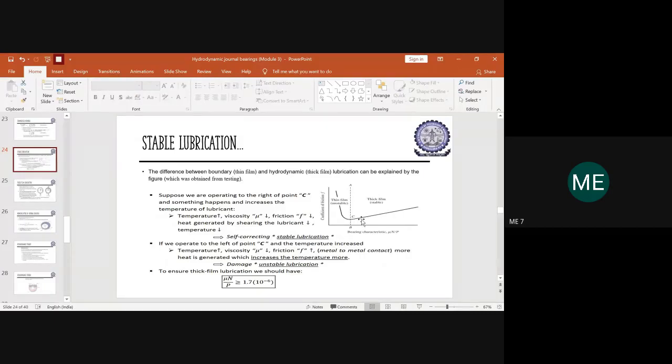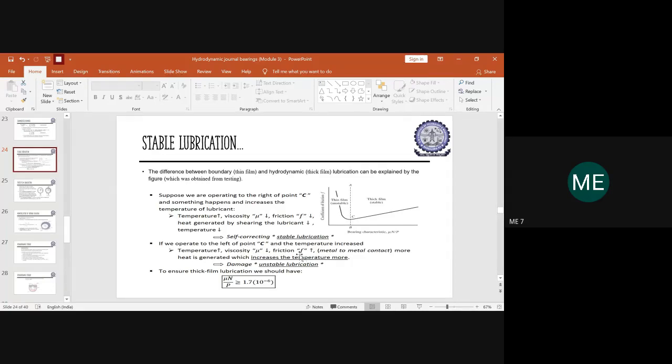Suppose we operate towards the left of point C, which means you are using a thin film lubrication. If the temperature is increased, obviously the viscosity comes down, but the friction here increases because it is a very thin film, and the viscousness of the film has reduced because of high temperature.